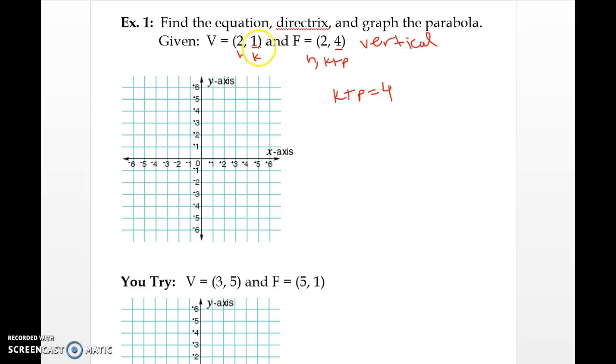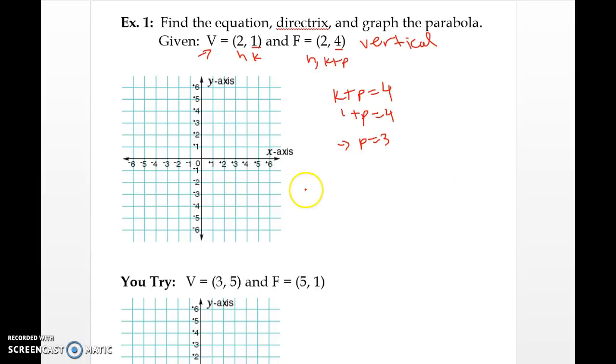And I know k is 1. So 1 plus p equals 4, and therefore p equals 3. The things you need to plug into your equation are your vertex and p. Now that we know all those, we can write our equation.